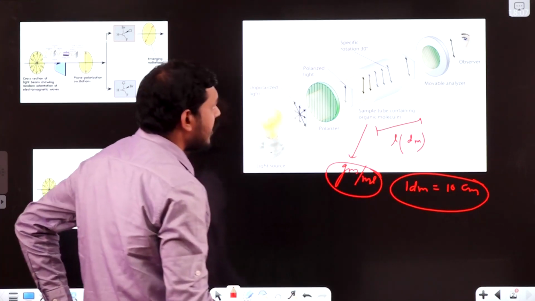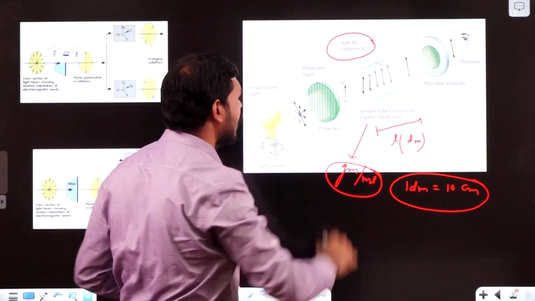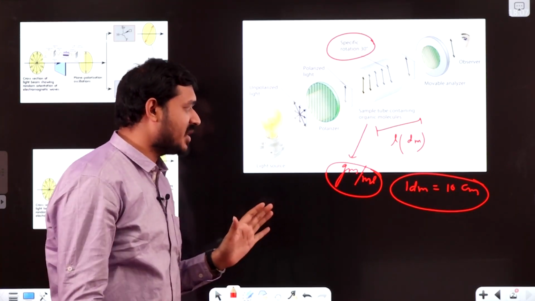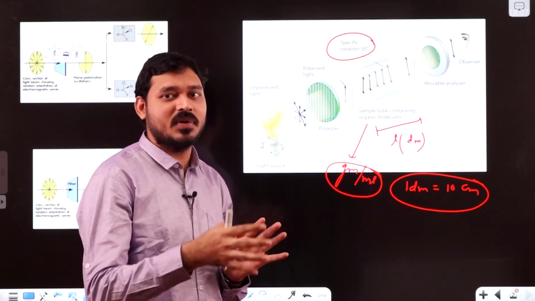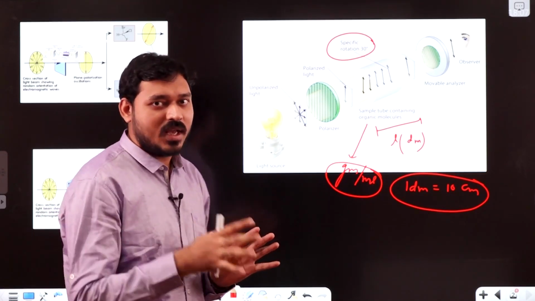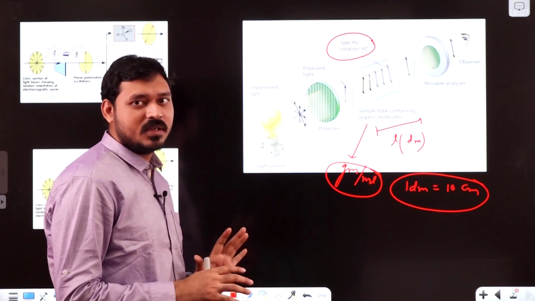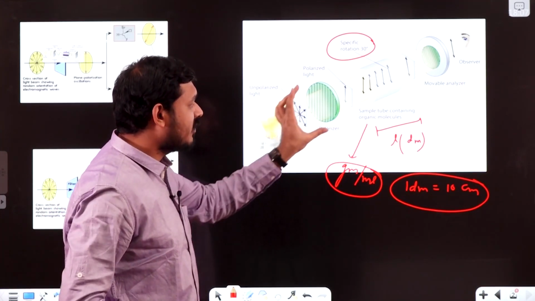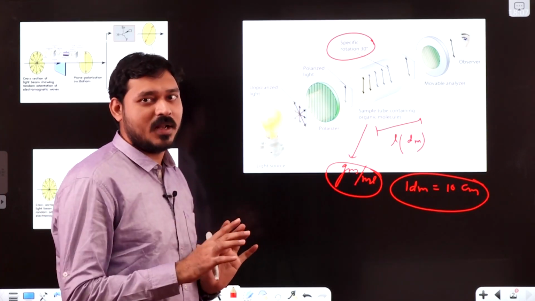Now it is saying specific rotation 30 degree. What does specific rotation mean? Specific rotation simply means the amount of rotation or the angle of rotation of PPL in this polarimeter experiment when the length of the tube was 1 decimeter and the concentration of solution was 1 gram per ml.